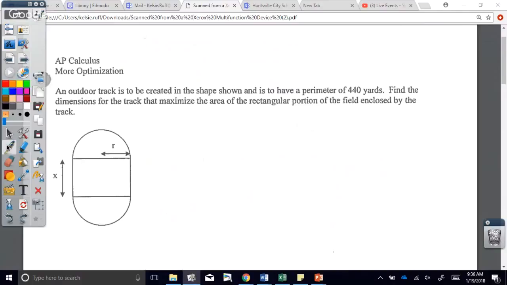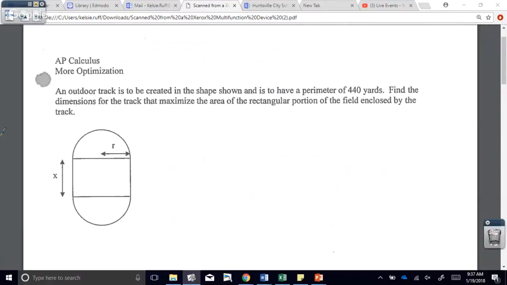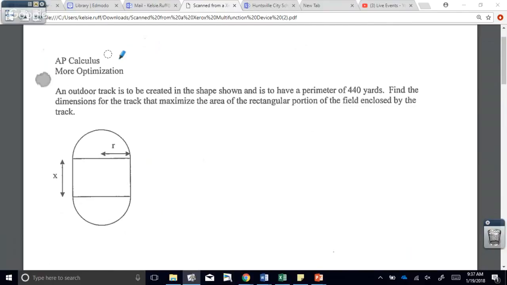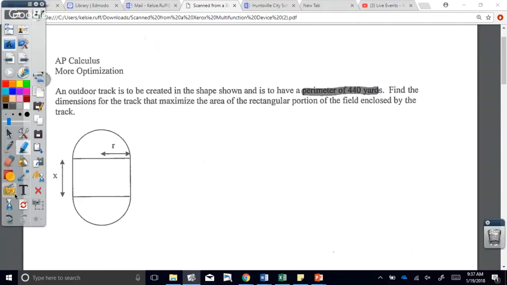Okay, today I'm going to give you a couple more examples over optimization so you have a little bit more information to help you with your optimization lab. So for starters, the first one that we are going to look at says that an indoor track is to be created in the shape shown and is to have a perimeter of 440 yards.